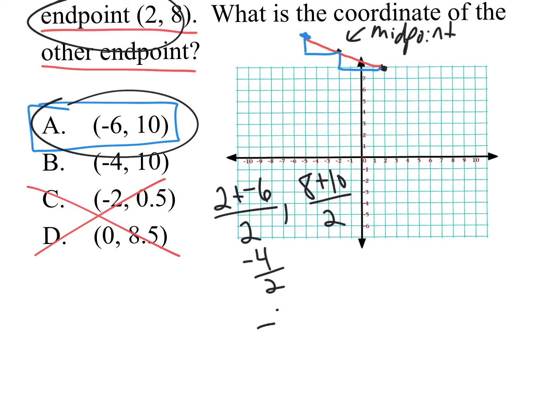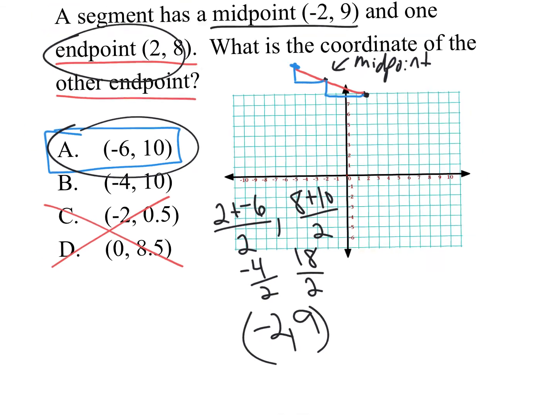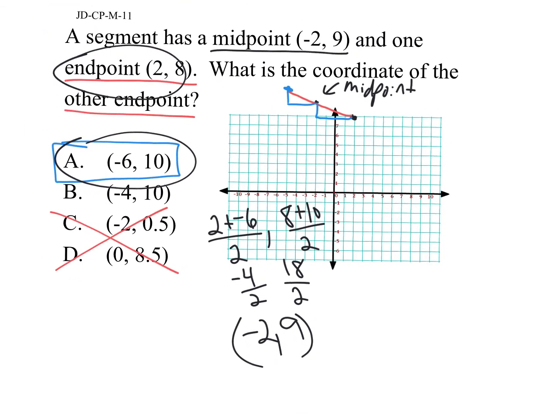So half of negative 4 would be negative 2. This would be 18 divided by 2, which would be 9. So that would be another way of doing it. And then you wouldn't even really have to graph it. Everybody could split up and work out a problem and figure out which one actually works to give you that as the midpoint.